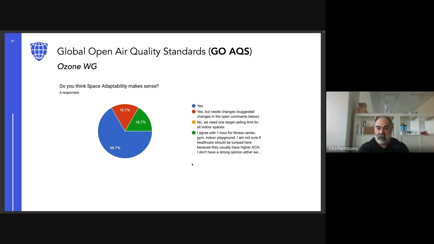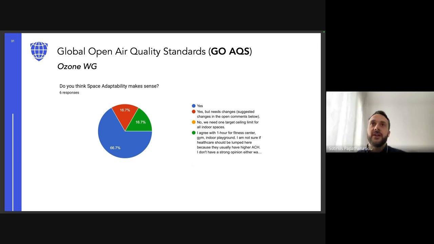In a perfect world we can adapt, but in the pragmatic approach of Go QS, I think the easiest thing to communicate, something easier to understand, should win over the perfect approach. That's my opinion.